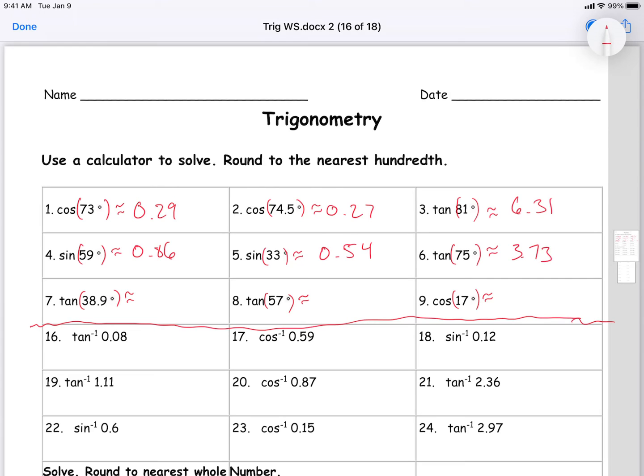Perfect. Tangent of 38.9 degrees? 0.81. Perfect. Tangent of 57? 1.54. And cosine of 17 degrees? 0.96. Thank you. Okay.